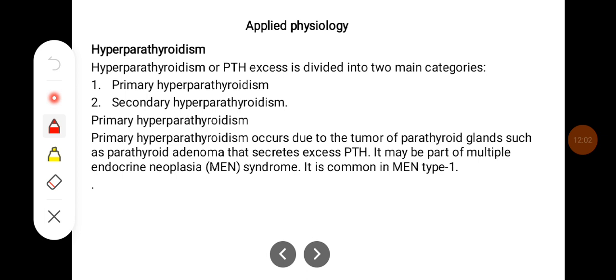Hyperparathyroidism, or PTH excess, is divided into two main categories: primary hyperparathyroidism and secondary hyperparathyroidism. Primary hyperparathyroidism occurs due to a tumor of the parathyroid glands, such as parathyroid adenoma, that secretes excess PTH.